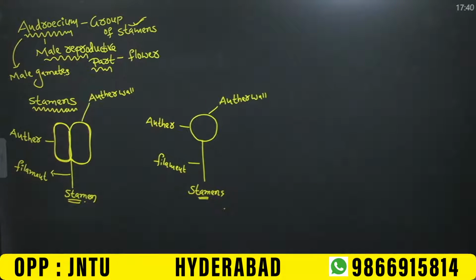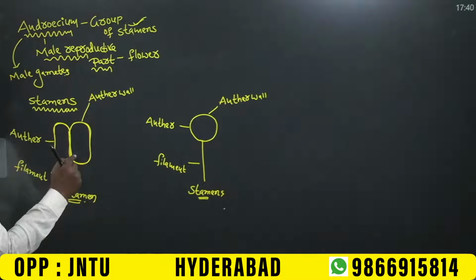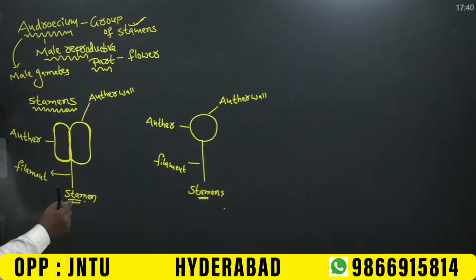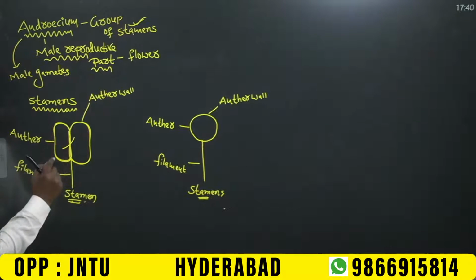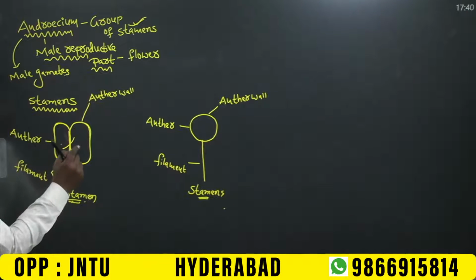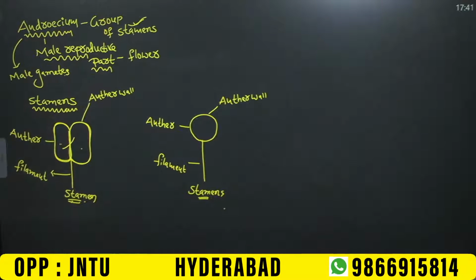And come to here, in this stamen, the anther consists of two lobes. This is one lobe, this is one lobe. This is one theca and this is one theca.